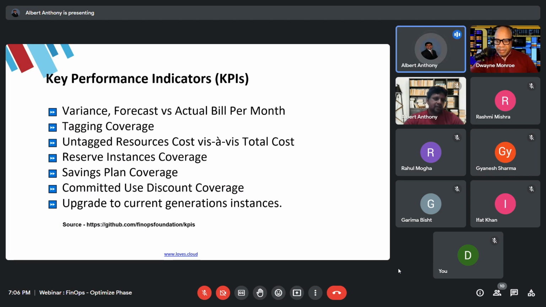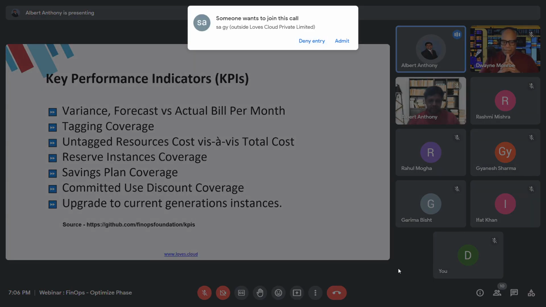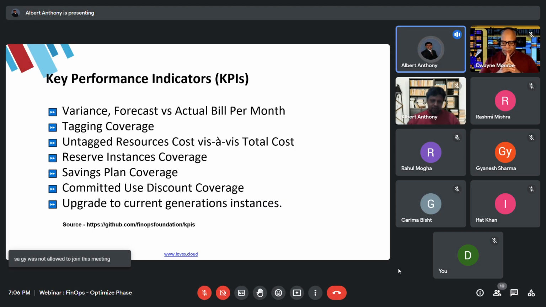Yes, and I think this is something that we discussed at length in our previous webinar. I do see customers where the resources that contribute 34% of cost are untagged, and it simply means that nobody knows who owns those resources.